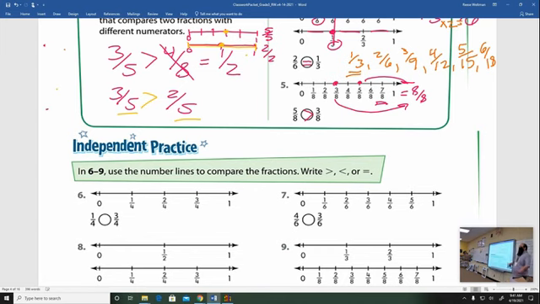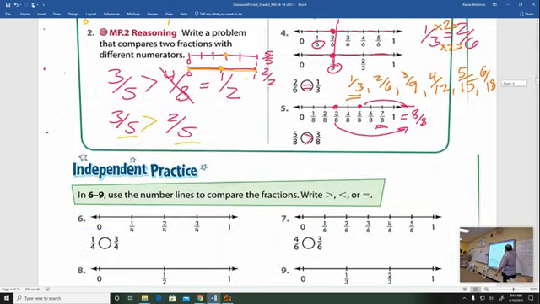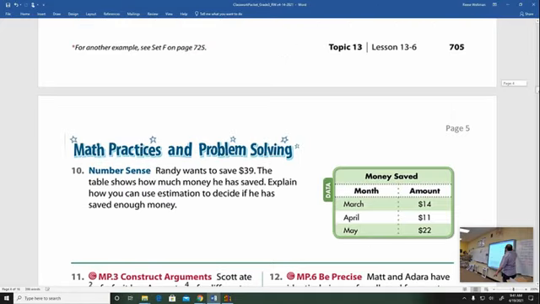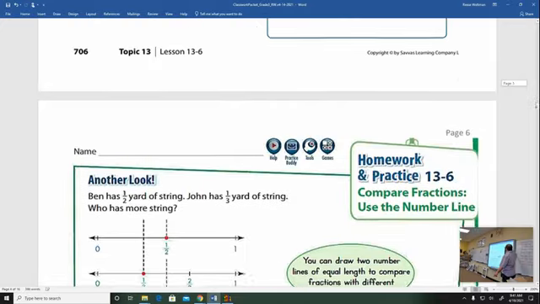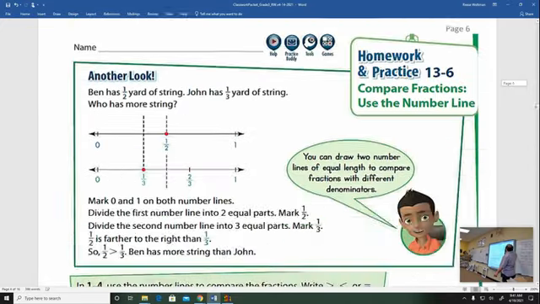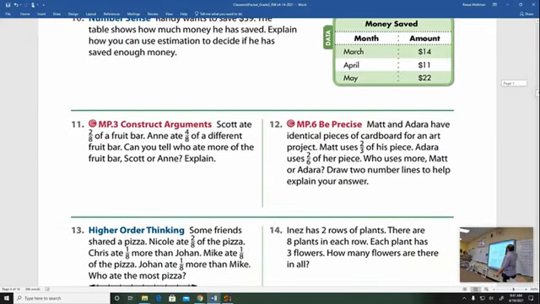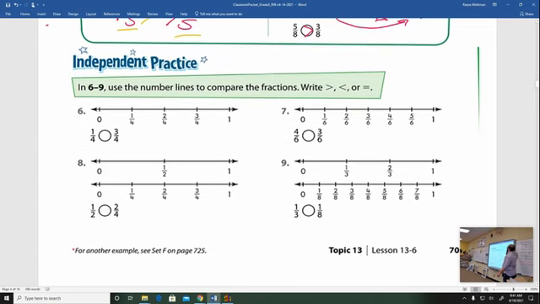Yeah, thumbs up? Good. Okay, so here's what we're going to do. We are going to work independently on the independent practice section. Skip the back page and go to the homework and practice first. When you're done with those two, then work on this back page right here. Okay? So one more time.